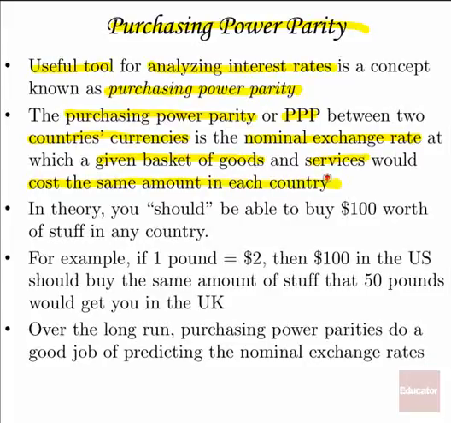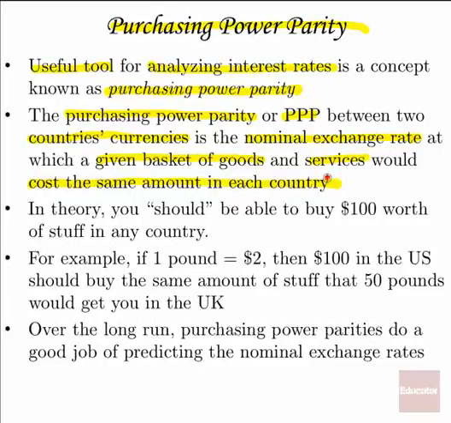Now obviously, the standard of living is going to vary by large amounts from the United States to Mexico to Zimbabwe to Venezuela to Russia. More people are going to be wealthier in one country than another. But the idea is that if you give $100, or whatever the exchange rate is, in the other country's currency, purchasing power parity says they're still going to be able to buy the same amount of items.